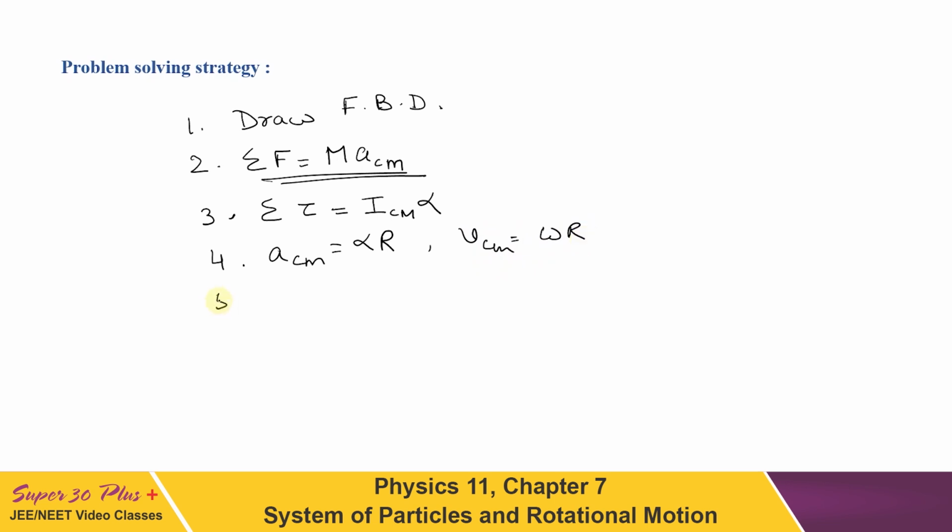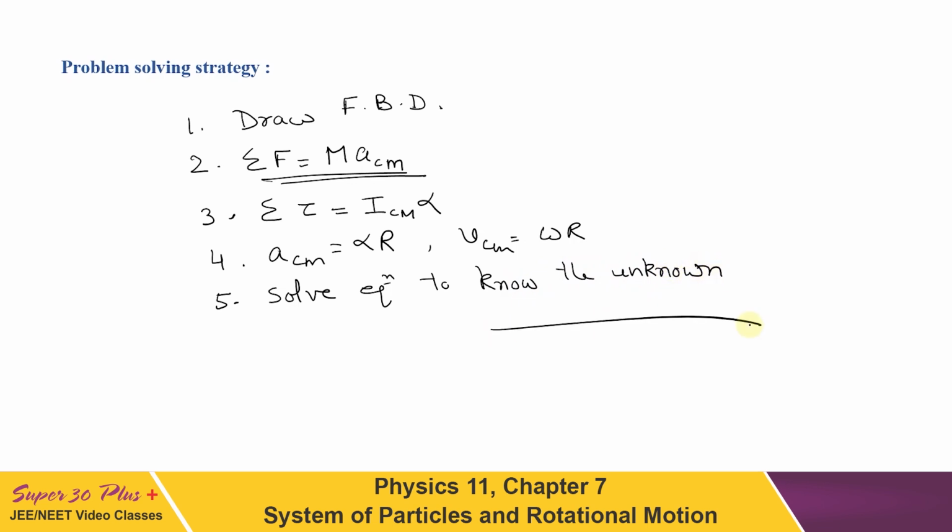And then the last and most important step is, we have to solve all the equations to get the unknown variable asked in the question. So these are the strategies you have to follow while solving a problem based on rolling.